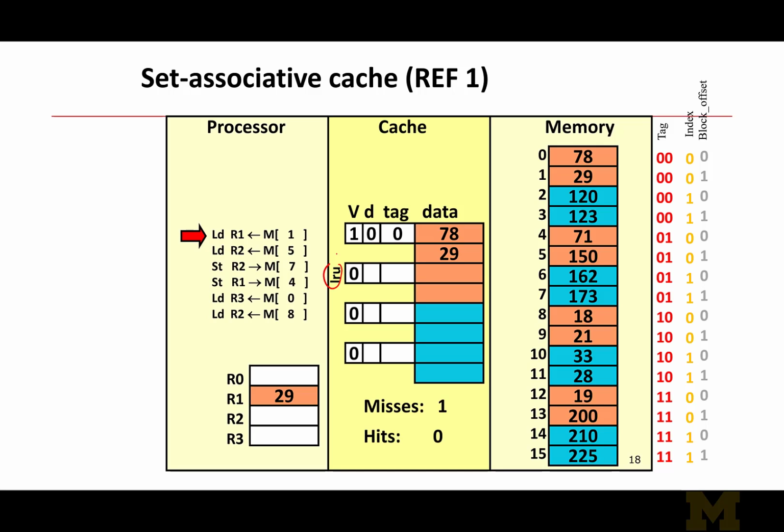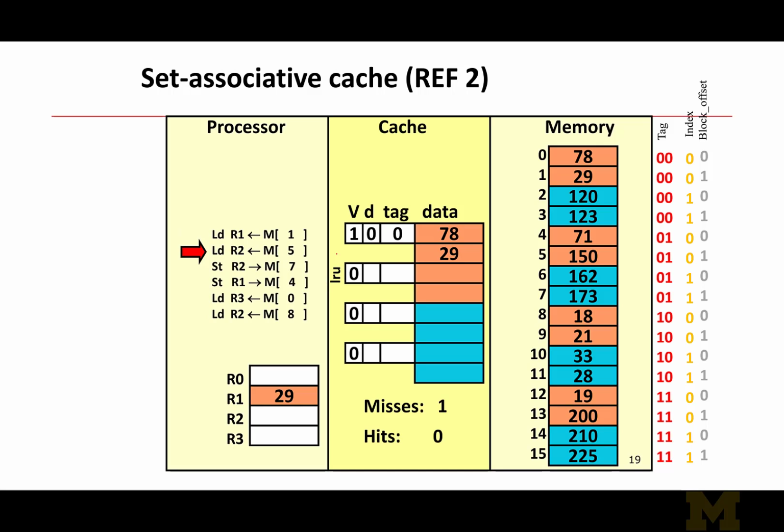So there was no choice that the cache has to make. Whereas in the case of a set associative cache, we have several choices depending upon the number of ways. So in the case of a 2-way set associative cache, we have 2 cache blocks within a set, and therefore we could evict either one of them if we need to make space. So we need to now keep track of the LRU bit for this cache.